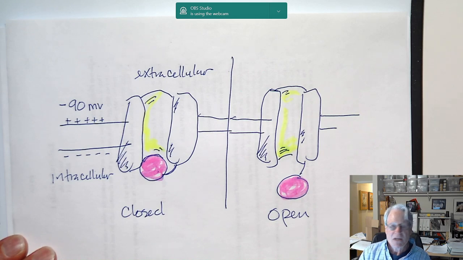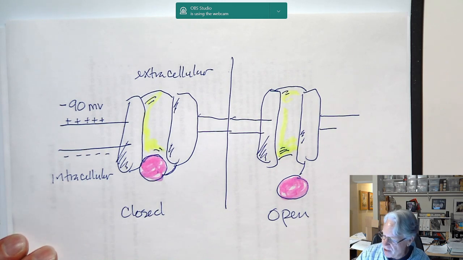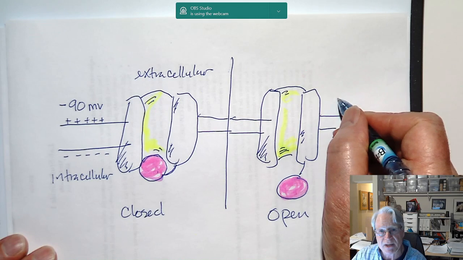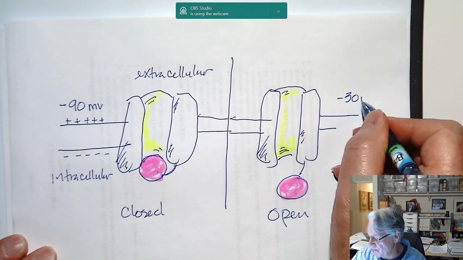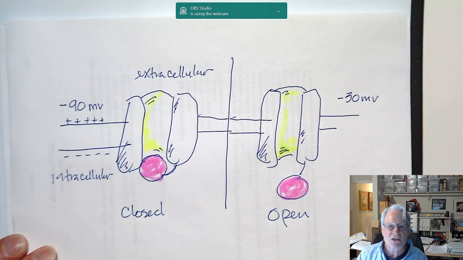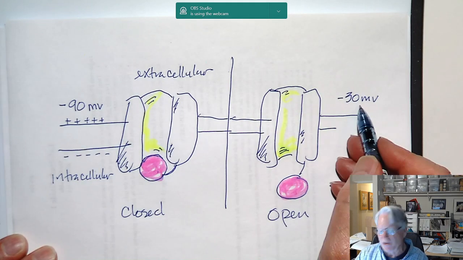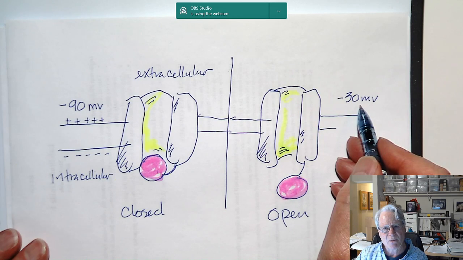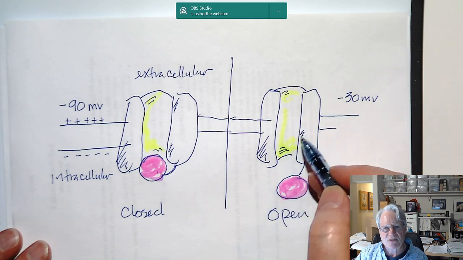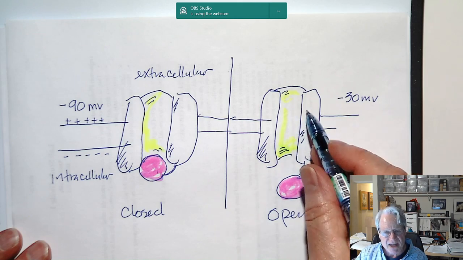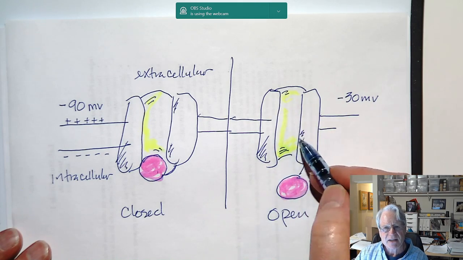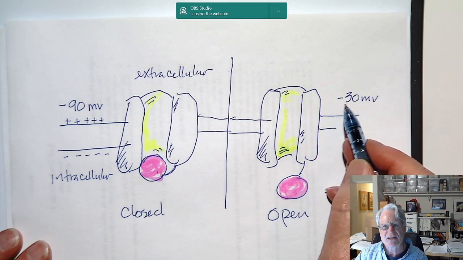Okay? Now let's say something happens and we reduce that difference to, I'm just going to make up a number here, 30 millivolts. Conditions change, and instead of a 90 millivolt difference, we now have a 30 millivolt difference across the membrane. As a result, this protein, acting like a little voltage meter, has read that difference, and this is the trigger point.